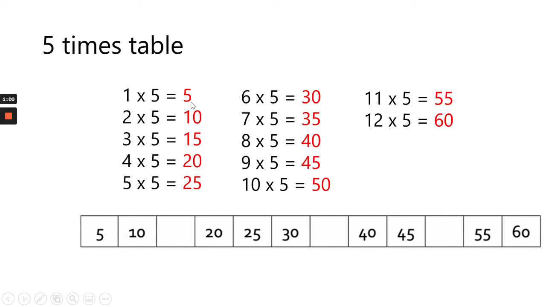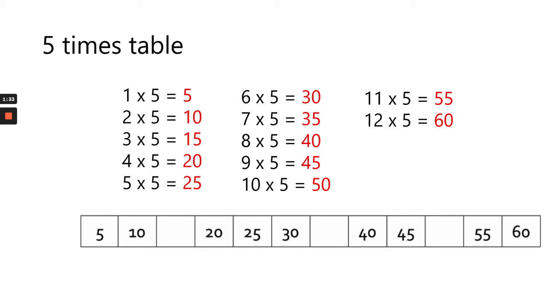Each number of our 5 times table ends in a 5 or a 0, and it takes it in turns. 5, then 10, which ends in a 0, 15, which ends in a 5, 20, a 0, 25 is a 5, and so on. So the pattern of our 5 times table goes with the number ending 5 and then 0, then 5 and then 0.